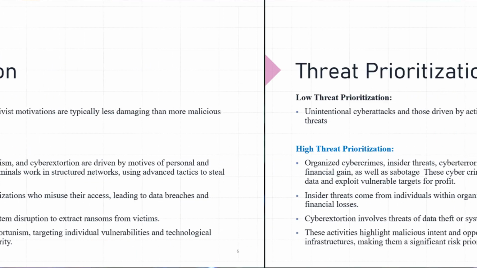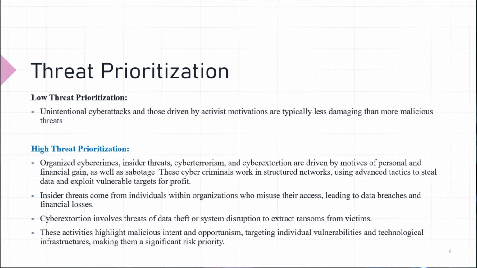These go for cybersecurity threat modeling: bad actors, cyber terrorism, script kiddies, and hacktivists. For threat prioritization, higher priority threats include organized cyber criminals, insider threats, terrorism, and extortion, driven by motivation for personal and financial gain, and sabotage. These use advanced tactics to steal data and exploit various types of profiles.